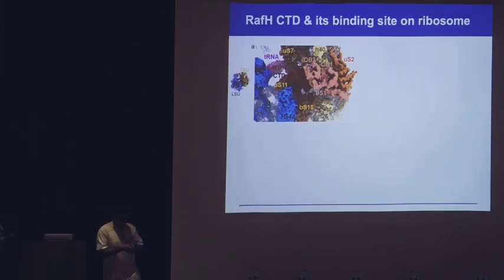Yeah, now this was about the NTD. Now coming to the CTD, CTD is here, sandwiched between the S1 and S2 protein. Because CTD is still dynamic, we couldn't get as good a resolution as for the NTD. But we can clearly see the features.